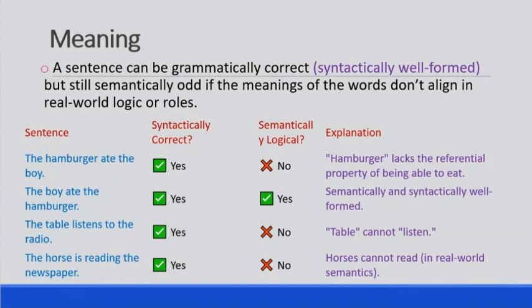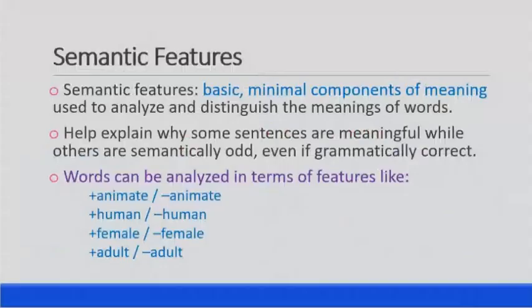So this slide is about semantics and syntactics. Sentences can be syntactically correct but semantically incorrect. So that is about semantic features.